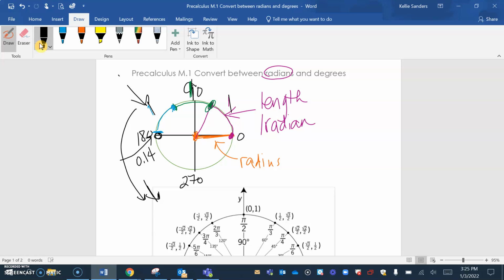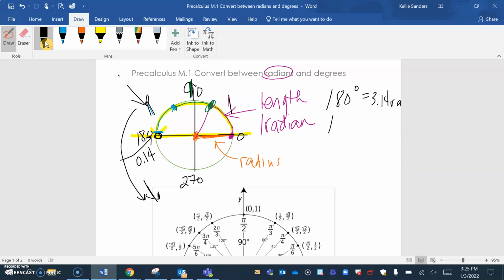So if I asked how long is the string to get from 0 to 180, 180 degrees is the same thing as 3.14 radians.